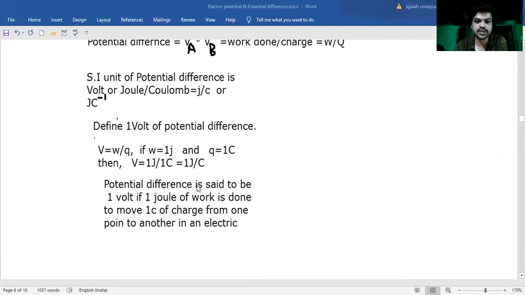So potential difference between any 2 points in an electric field is said to be 1 volt if 1 joule of work is done to move 1 coulomb of charge from one point to another point against the electric field. So all of you have already mastered defining 1 unit of a physical quantity because we have done it many times.